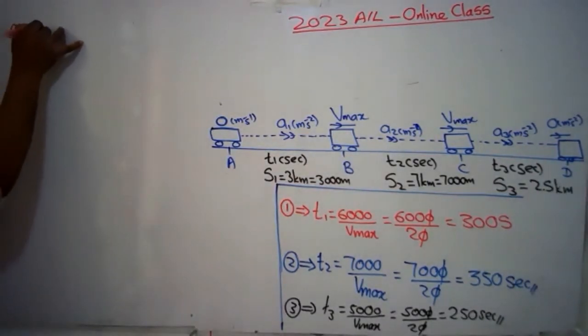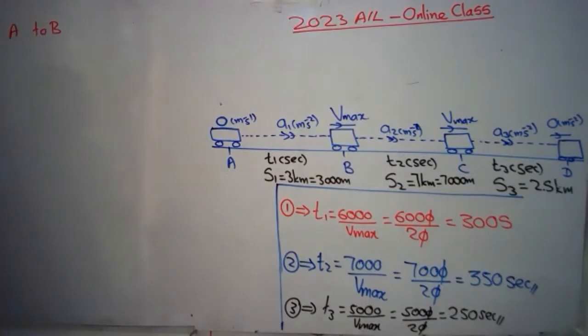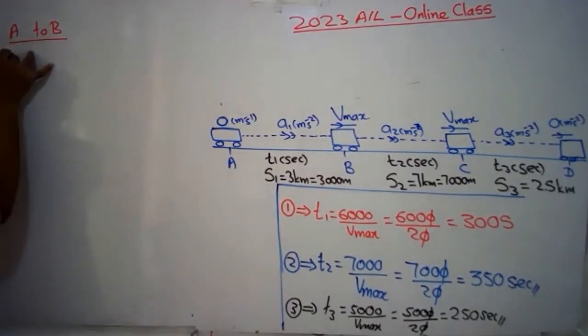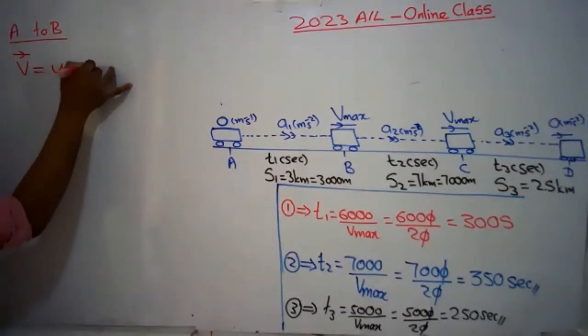A to B, I'll indicate the section. I'm going to apply this section, AB section. To this direction, I apply the equation V equals U plus A T.